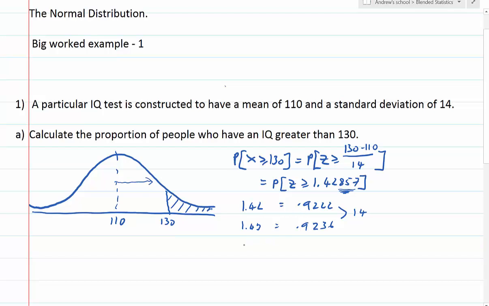So really the associated probability for 1.42857 is 0.9234. This is the cumulative area below it, so the probability that we want is just 1 minus that, which is 0.0736.